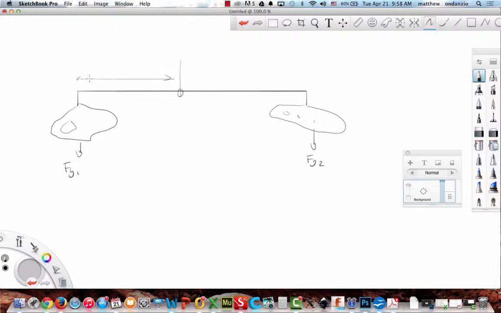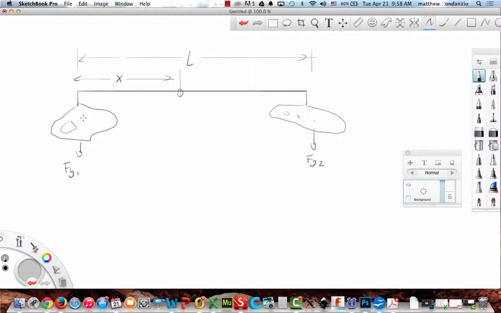Where does that rope go to balance? If you know the full length, and you can choose that length, L, we're going to call this distance X.